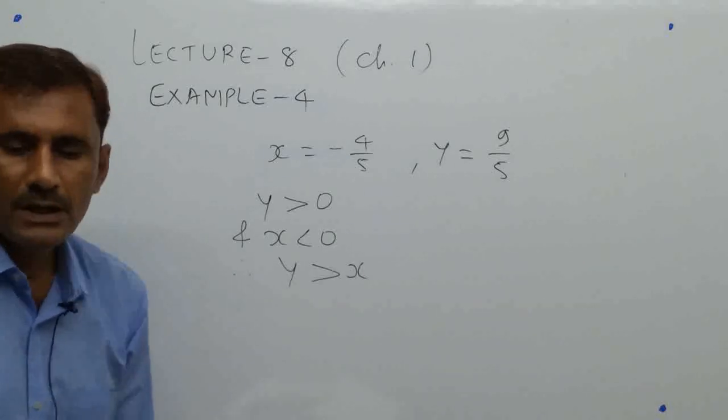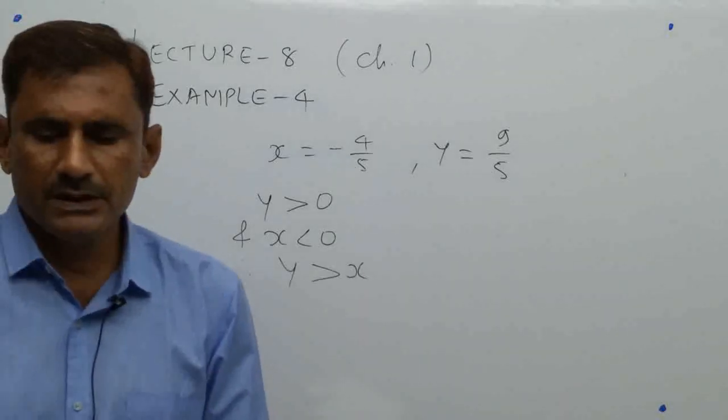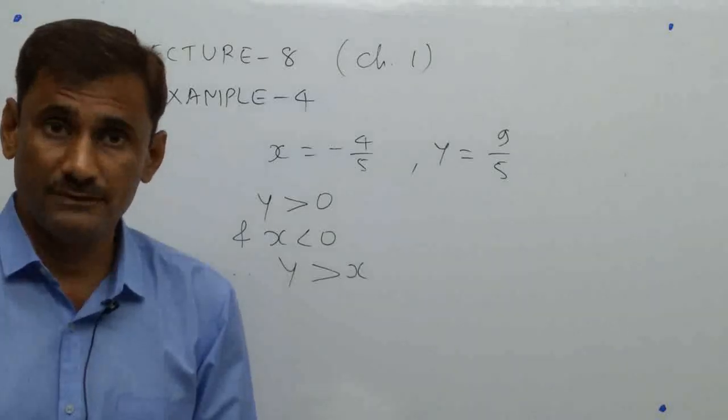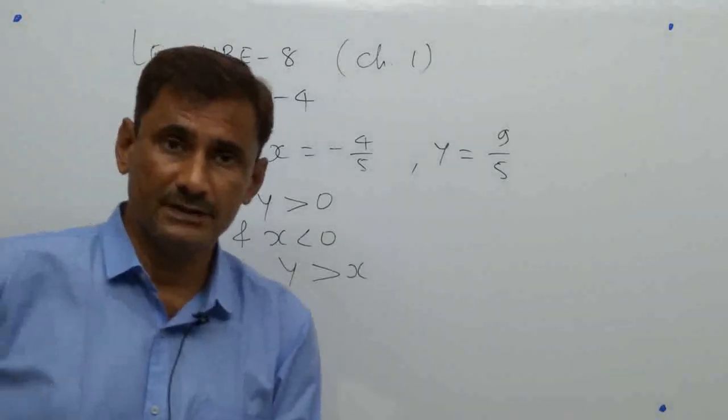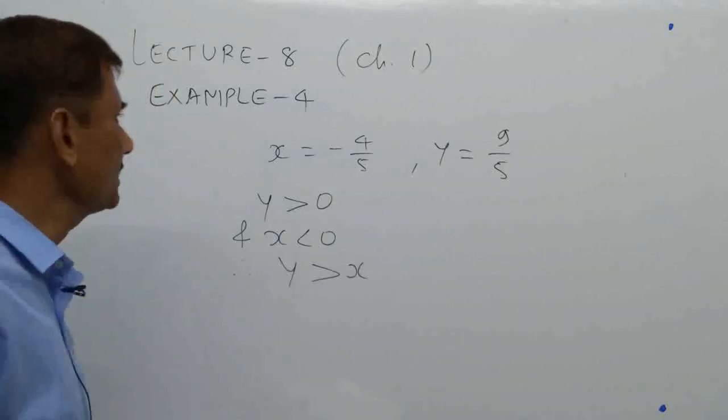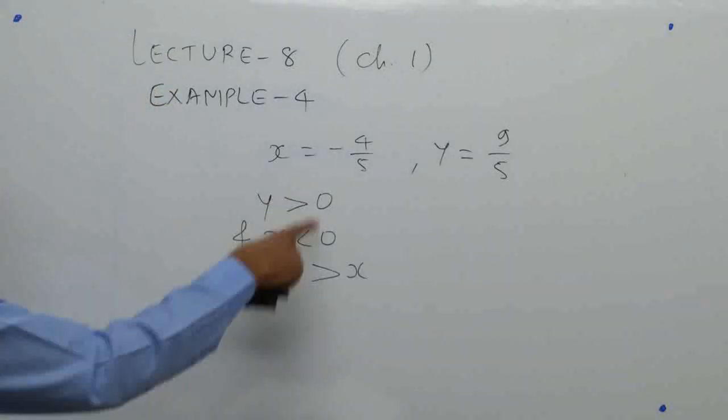Okay, now in the next one, x and y are given, and they are asking about x minus y. So let's first find x minus y, for example number 5. You can know it very easily.